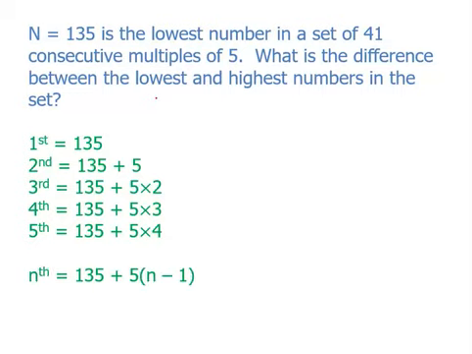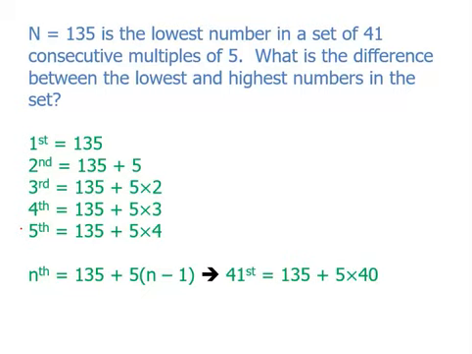So the nth term is going to be 135 plus 5 times n minus 1. Notice that the factor by which we're multiplying here is always 1 less than the number of the term. And so that's why the nth term is 135 plus 5 times n minus 1.